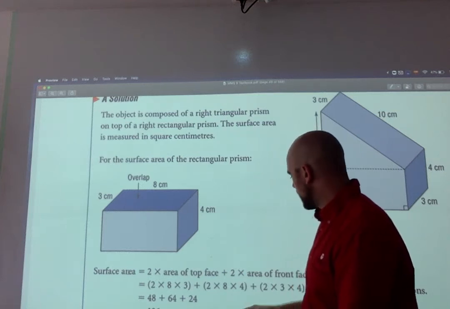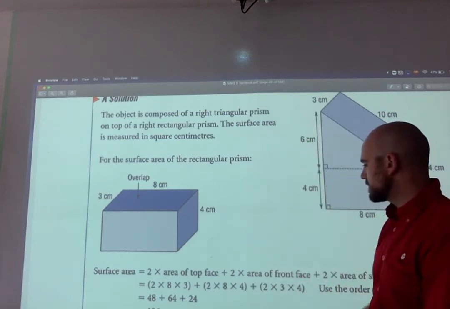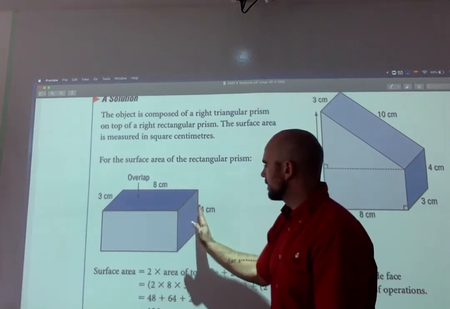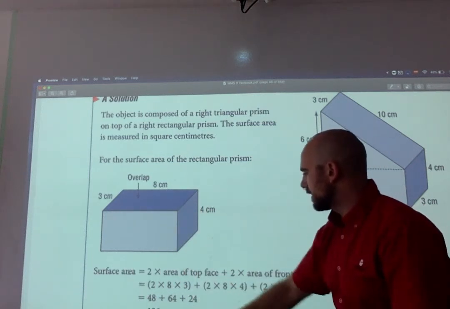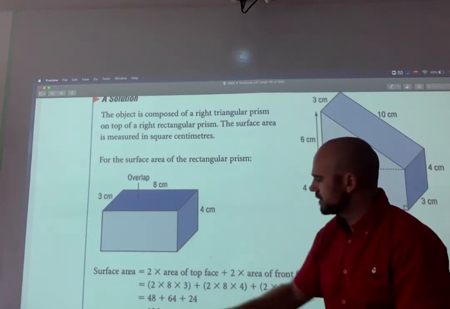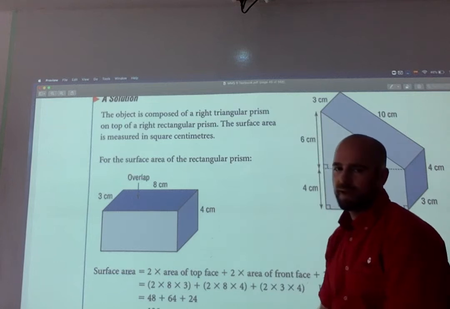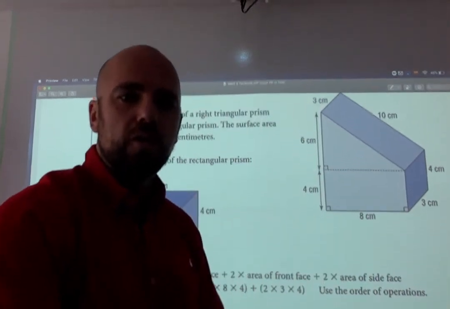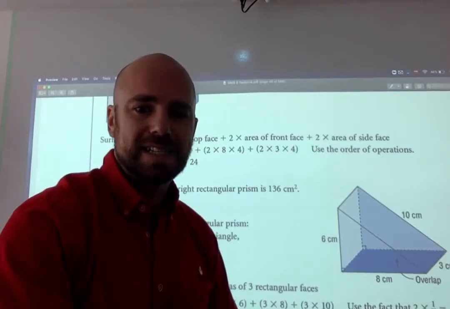The last one, they're going to do 2 times 3 times 4, so they're doing the sides. Then they add it all together, and they get this. You have to use proper order of operations, so you multiply before you add. We're going to figure out the overlap issue in a second.